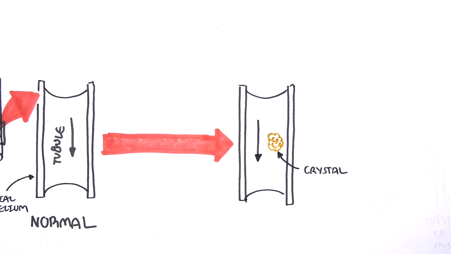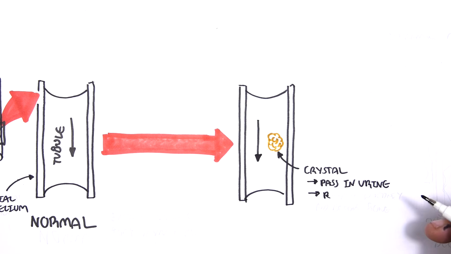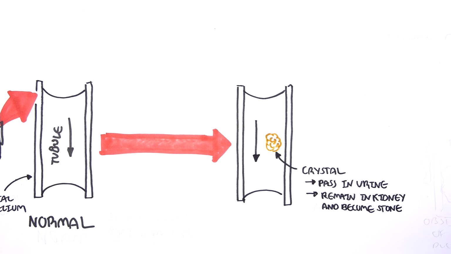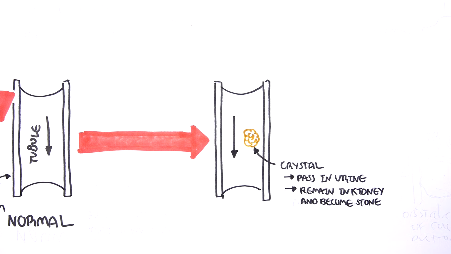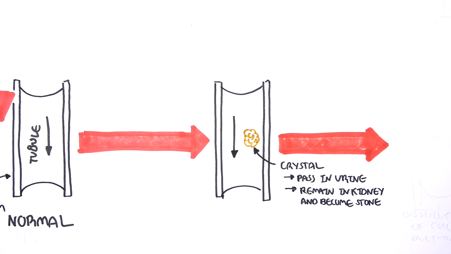This crystal is actually a urinary stone. If the crystal is small, it will just pass in the urine. But if it remains in the kidneys, in the nephron, it can grow bigger and become a kidney stone. A kidney stone, again, is basically a big crystal.